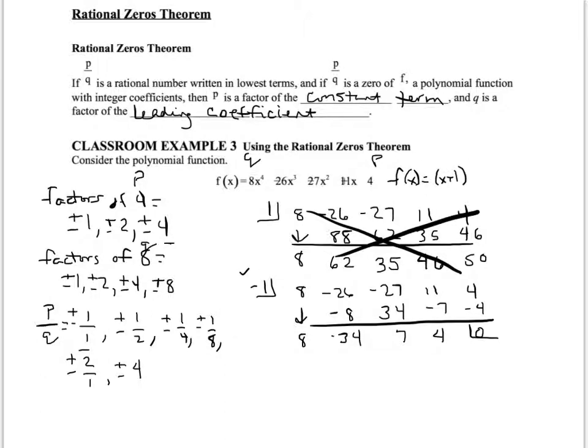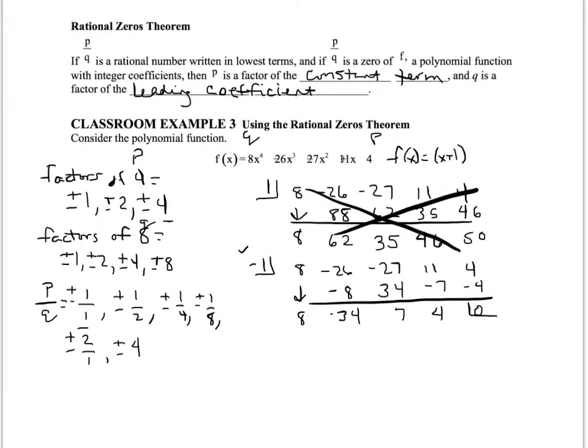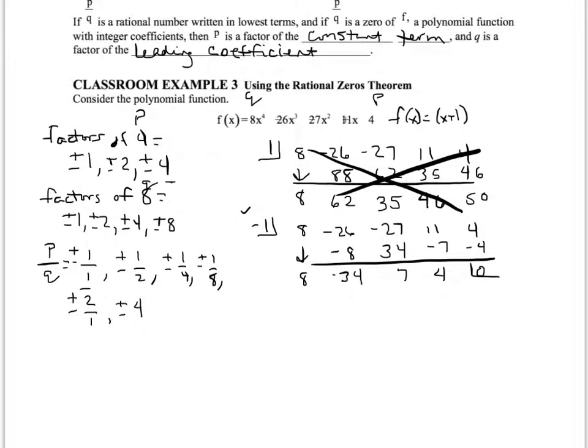Since it's raised to the 4th power, I should get 4 different parentheses. Now, I can take what I have left. I don't have to go back to the original. I can use this row with the 8, the negative 34, the 7, and the 4, and I can test out something else. So what I think I'll do is I will go to the positive 4.